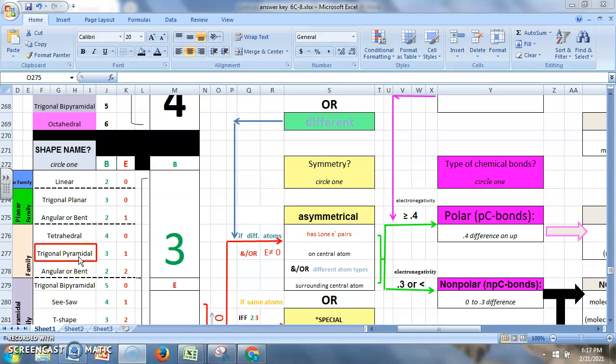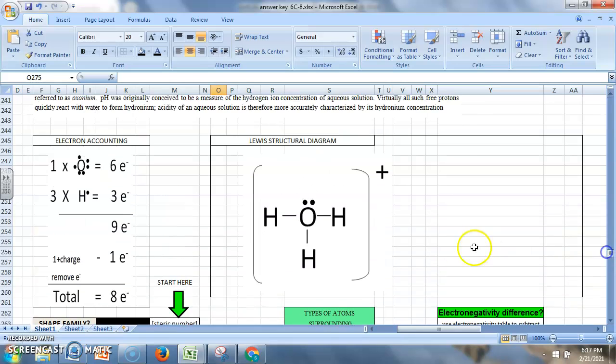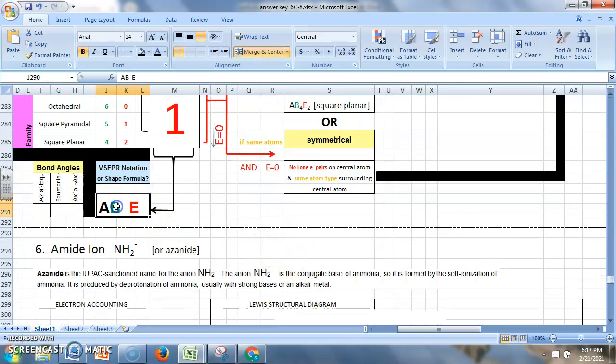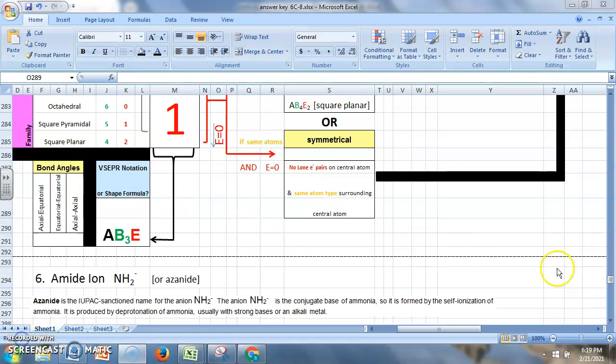It has a 3-sided pyramid shape, because this lone pair will force those 3 atoms downward, and those hydrogens will make a 3-sided base, with the lone pair being on top of the oxygen. A trigonal pyramidal shape. Our shape formula then will be AB3E or AB3E1. They mean the same thing.